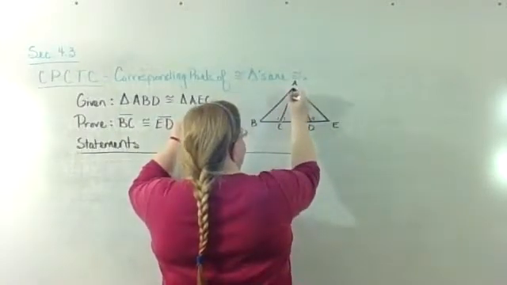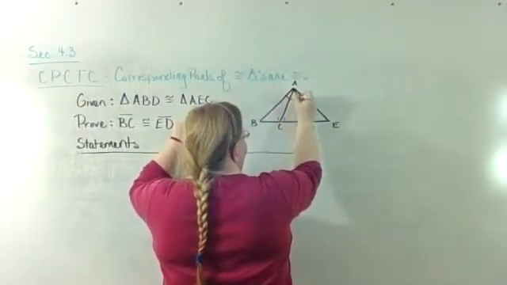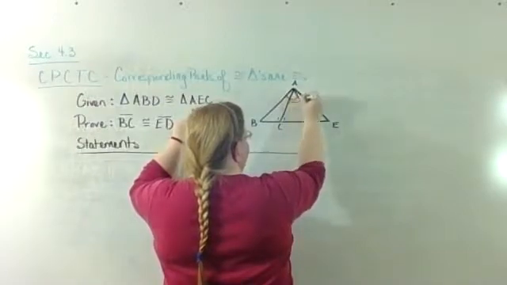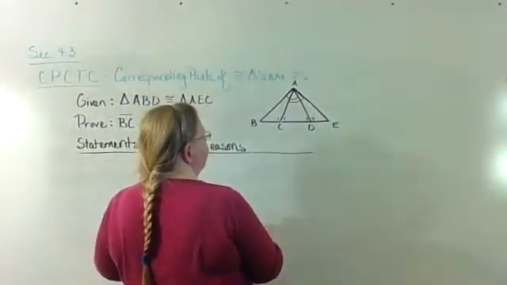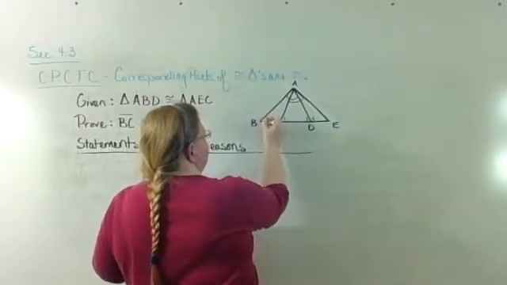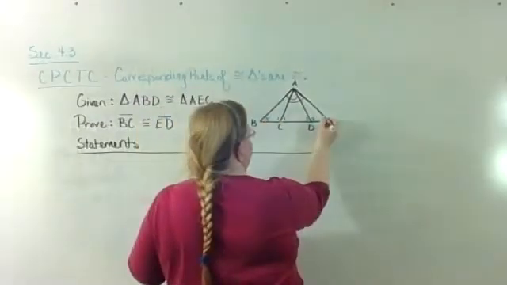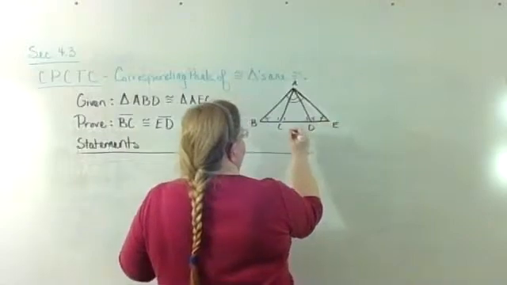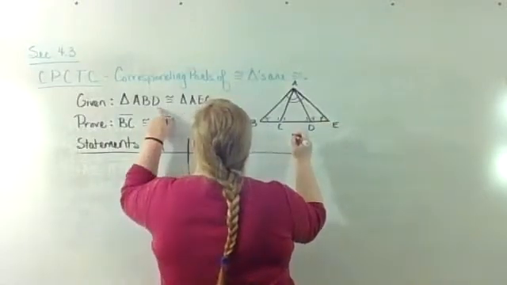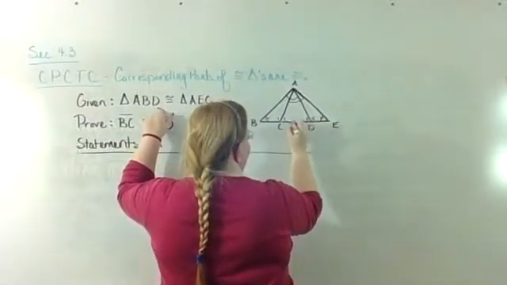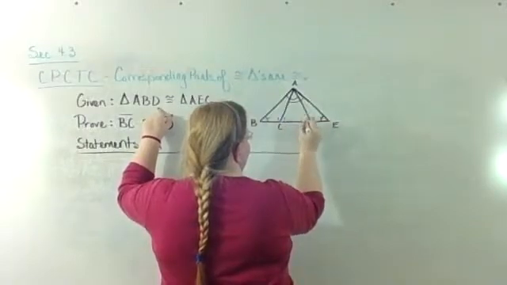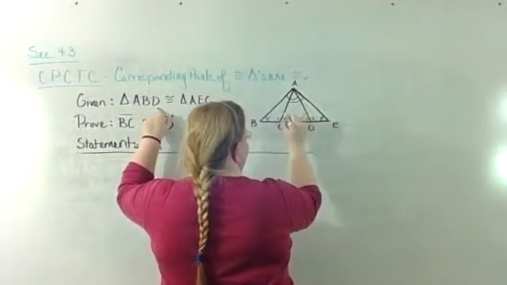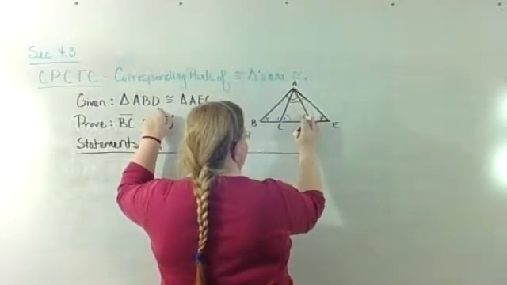AEC, that means that this angle here must be congruent to that angle there. And B has to match up with E. And D has to match up with C. I'll just put 2 marks on it.